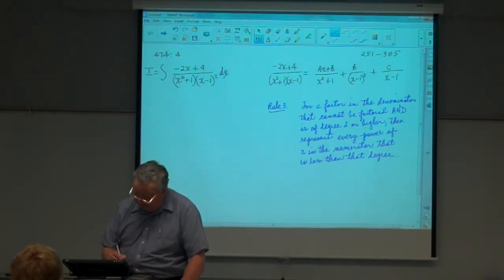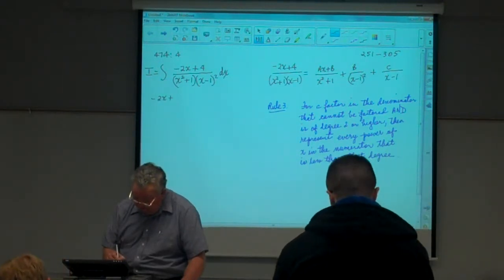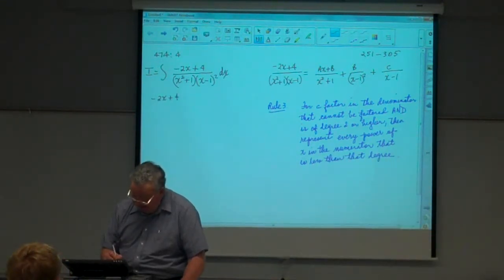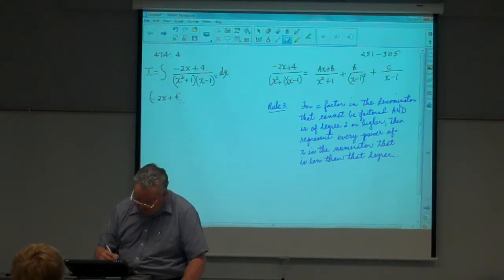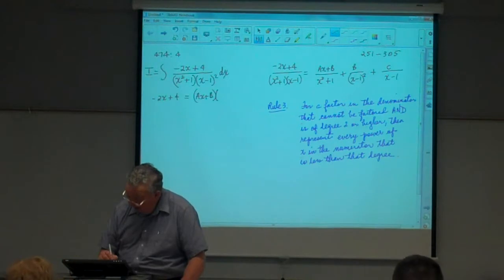Then I have minus 2x plus 4, times, is equal to ax plus b times x minus 1 squared.